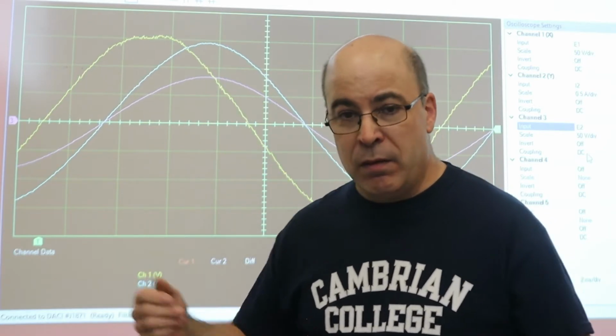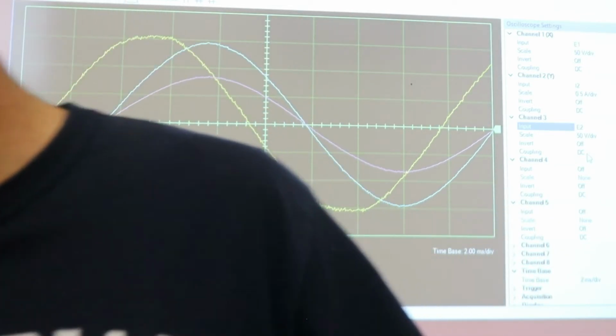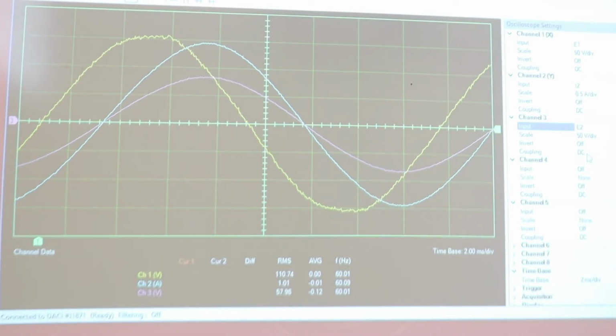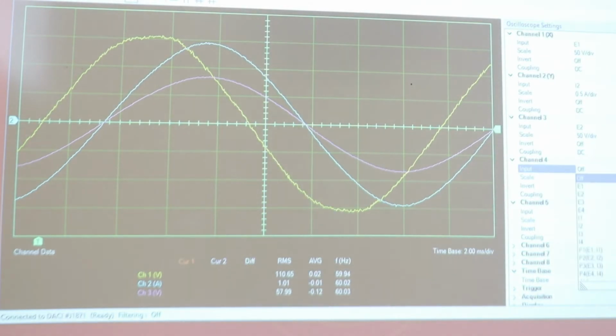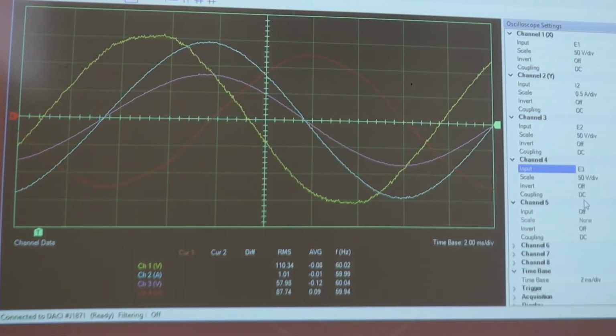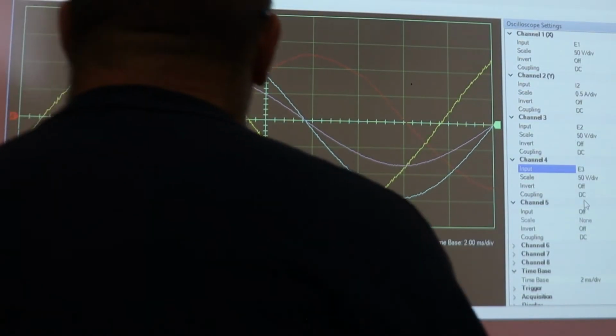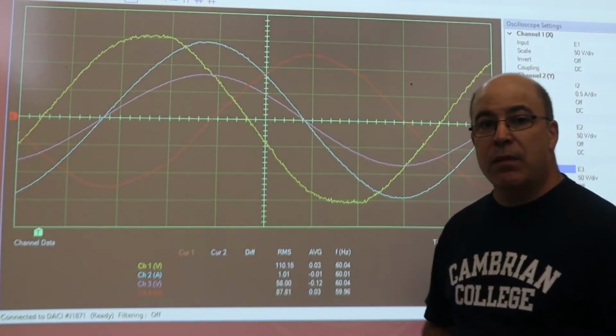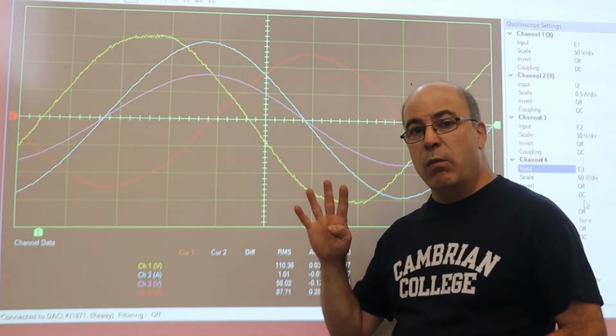I'm going to go turn that channel on. I'm going to channel 4, and I'm going to turn the input for E3 on. And we have all 4 waveforms.